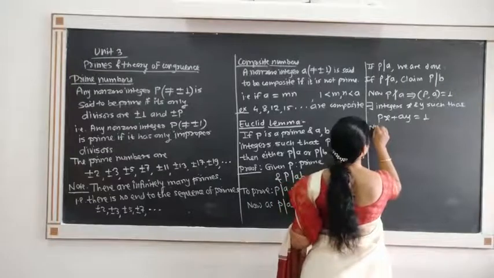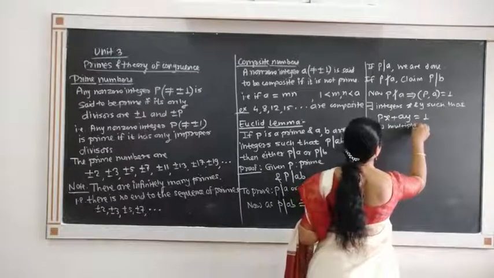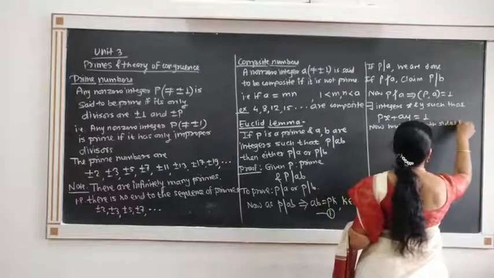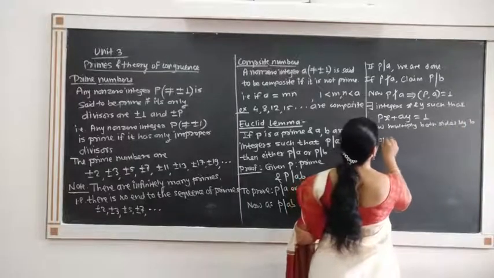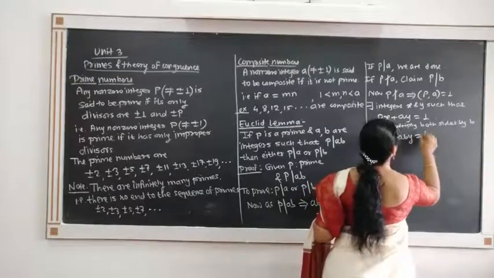Now multiply both sides by b. Therefore, b into px plus aby is equal to b.